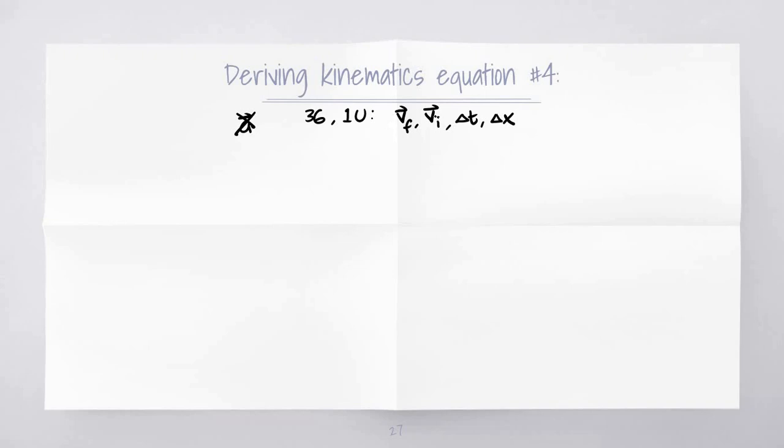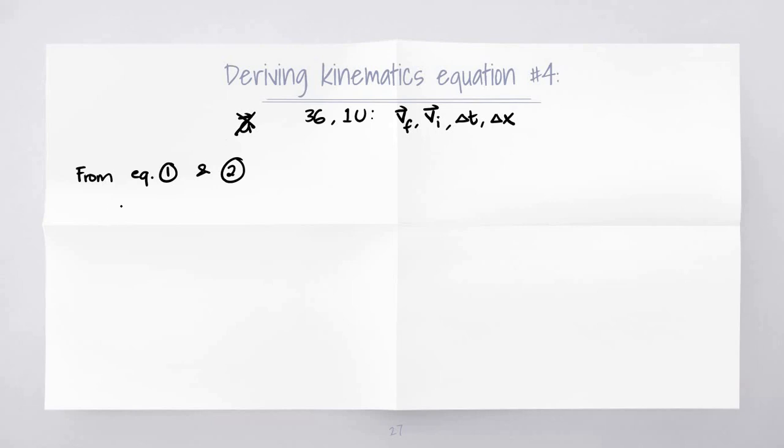So how do we eliminate acceleration from our final kinematic equation? We will use equation number 1 and equation number 2, so we will eliminate acceleration in there.